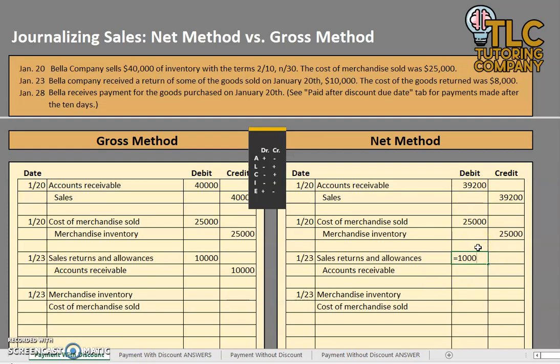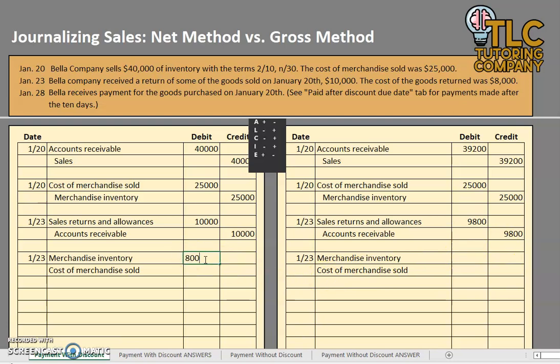So again, that would be done by taking our $10,000 and minusing out a 2% discount on that $10,000. So that ends up giving them a $9,800 credit. If it helps, think of it this way: if you buy something at 25% off, when you return it, they're going to adjust it by that 25% discount that you received. And that's what we're doing here when we net it by that discount.